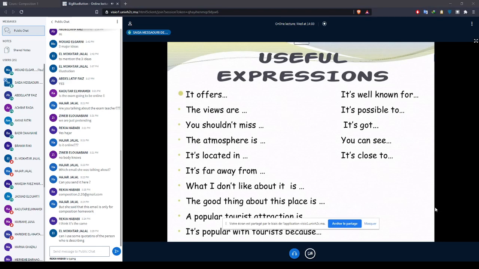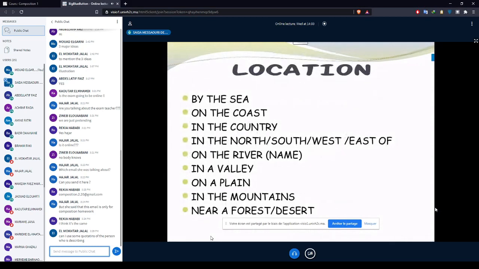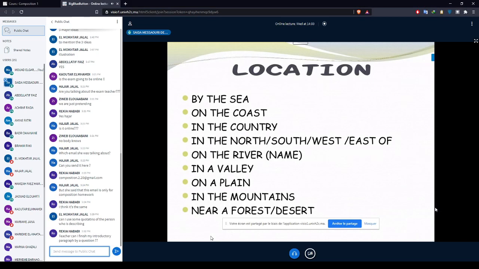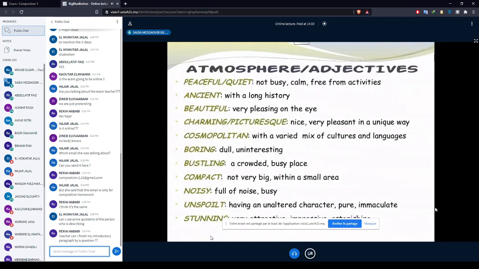It's very windy. Then you have location: by the sea, on the coast, in the country, in the north, south, west, or east of, on the river, and you give the name of the river, in a valley, on a plain, in the mountains, near a forest. So these are the ideas to use so you can describe something.